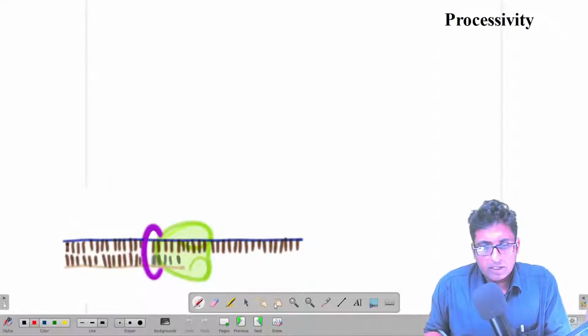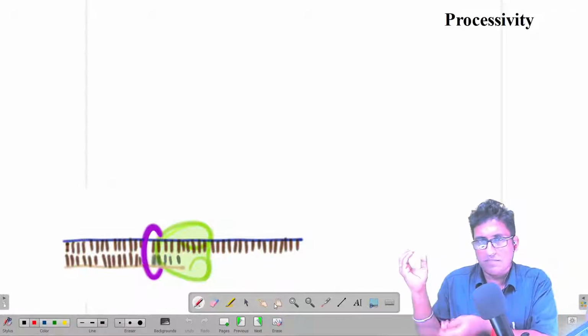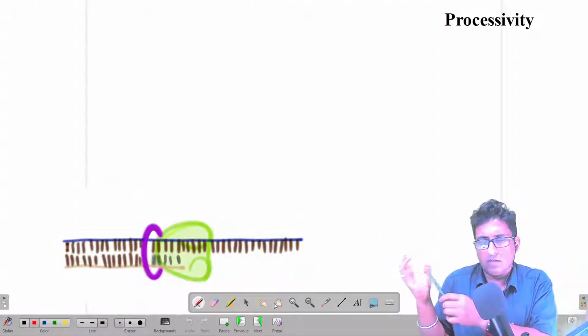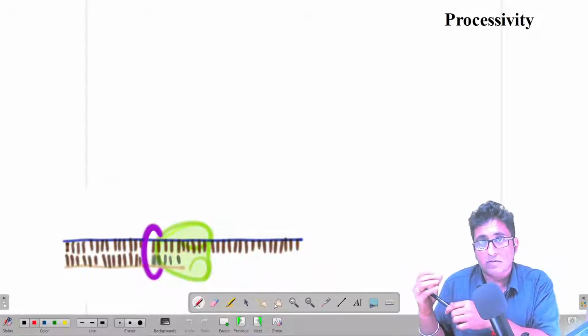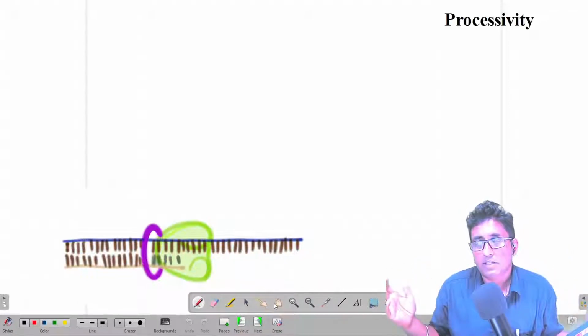There is one more aspect: DNA polymerase should not move out of the DNA, and should be able to add as many bases as possible, because the genome is huge and we have to add a large number of bases to the DNA during replication.